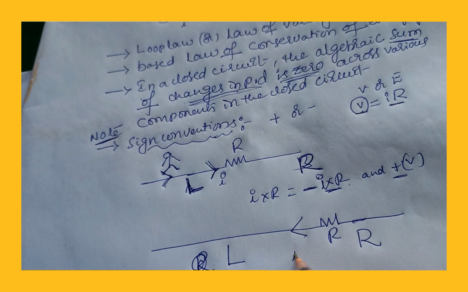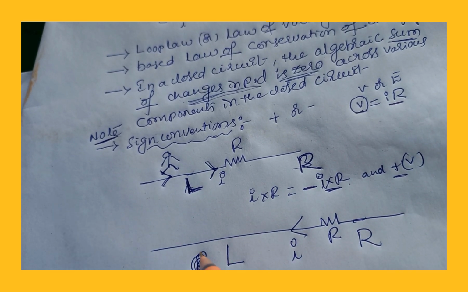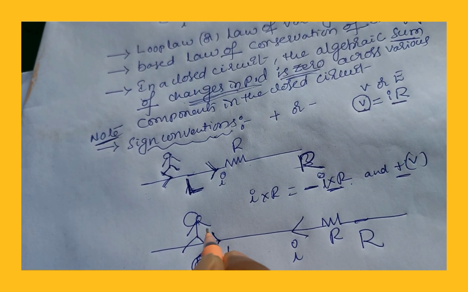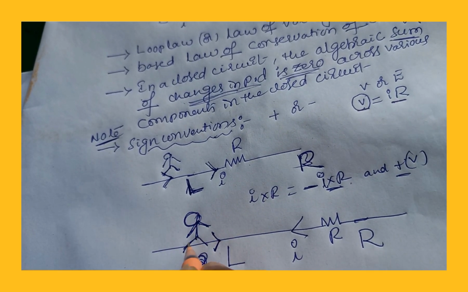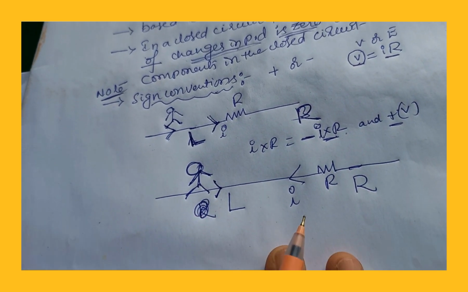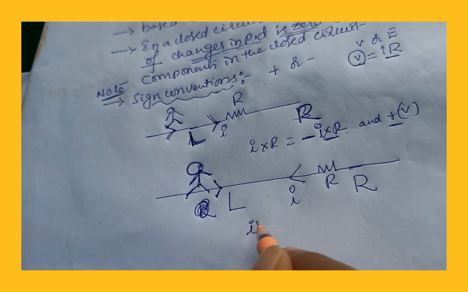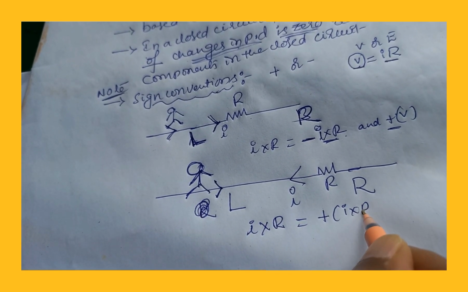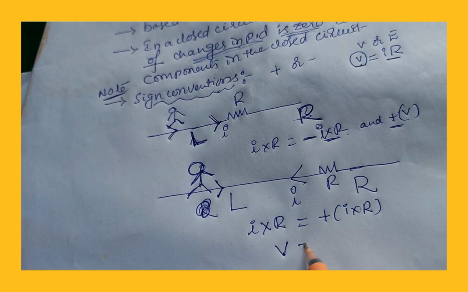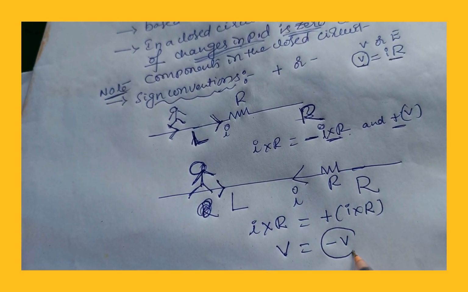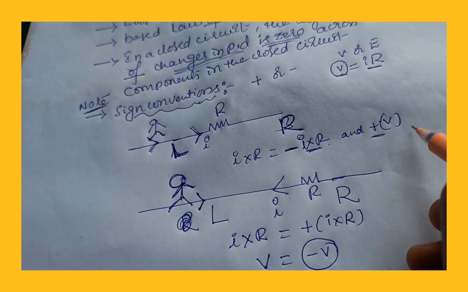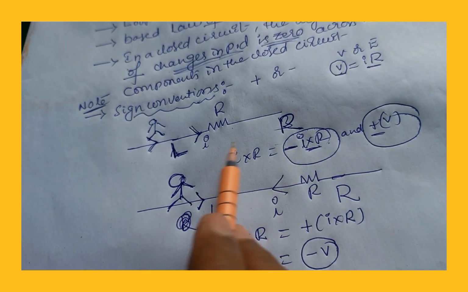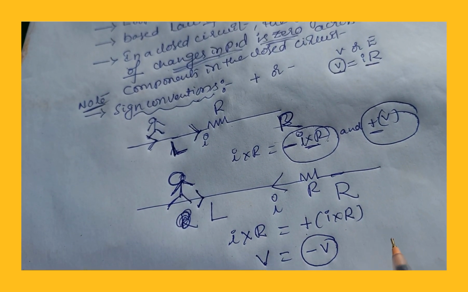Now current is moving from right to left in the conducting wire. Observation is left to right. But in this case, the product of I into R will be taken with plus sign, and potential difference V will be taken with minus sign. When both are in the same direction, I into R is minus; when they are in opposite directions, I into R will be plus sign.